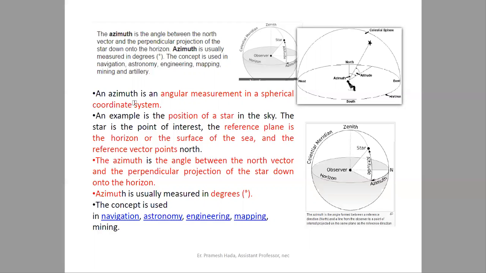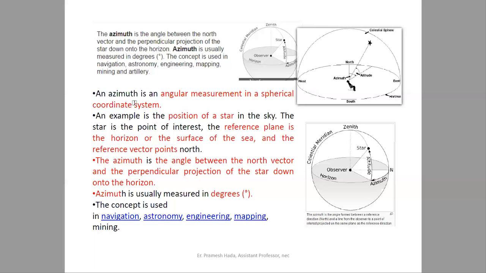We use a spherical coordinate system, in which the triangles are joined not by straight lines but by curved lines. So we will study that angular spherical coordinate system, and there we use the term azimuth to measure the angle.